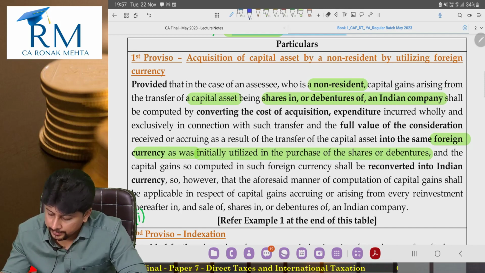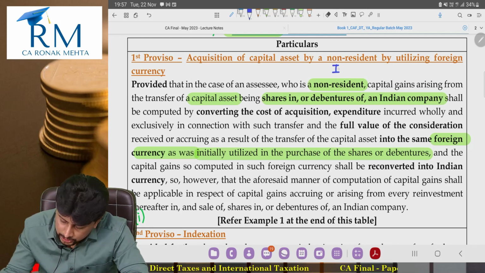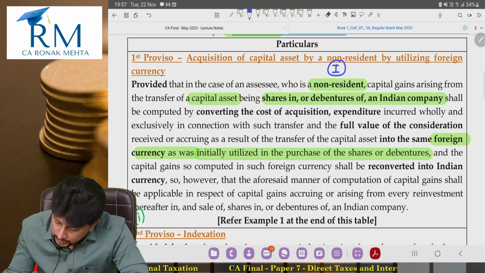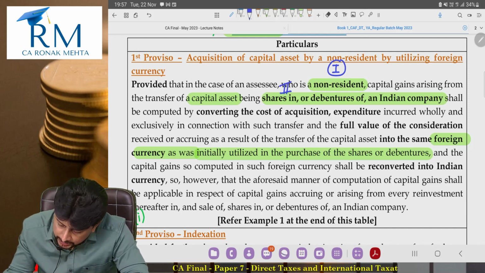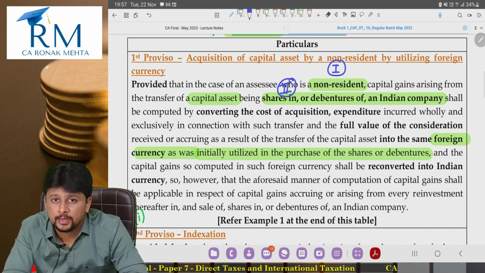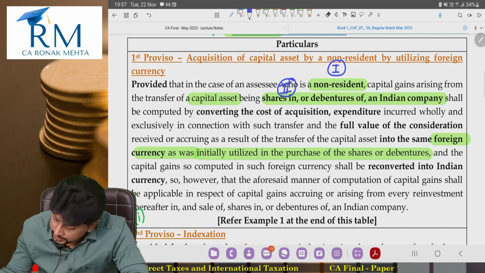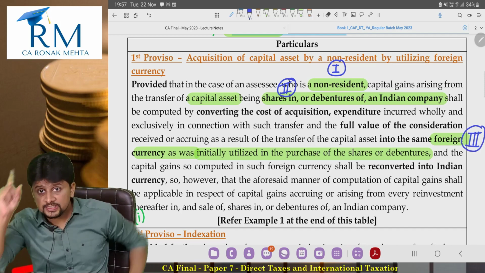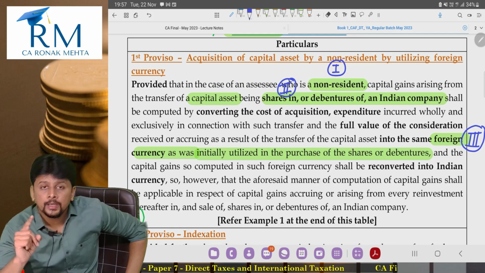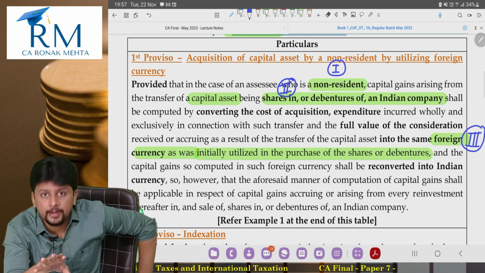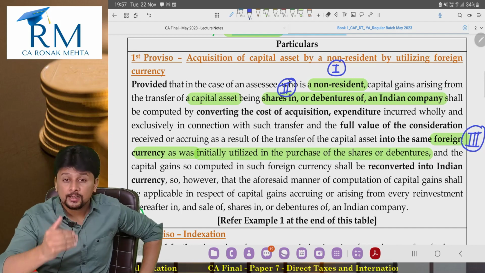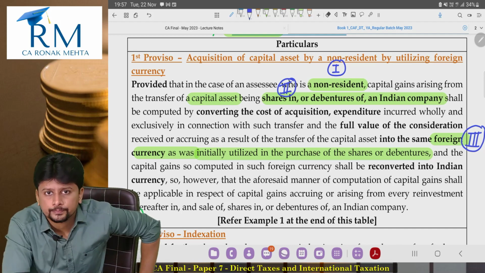Listen to me carefully. Condition number 1, you must be a non-resident. Condition number 2, shares or debentures of an Indian company are acquired. And condition number 3, they were acquired in foreign currency. So this non-resident is going to be impacted by the foreign currency fluctuations.